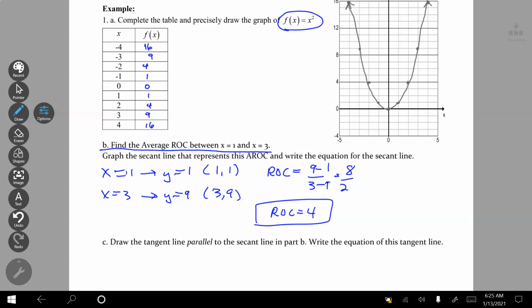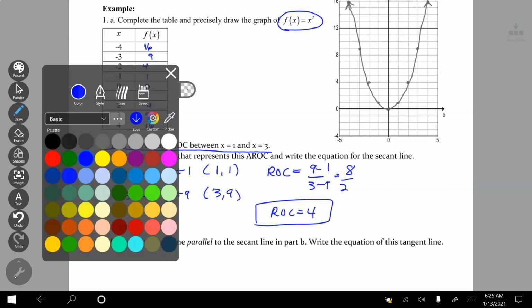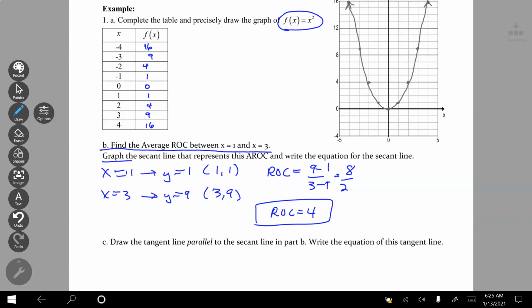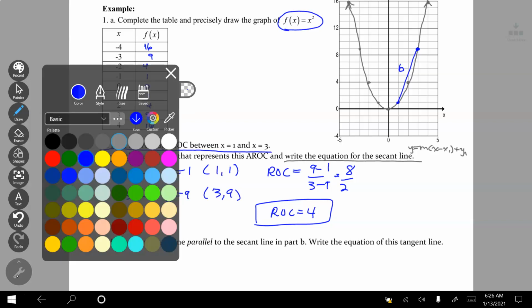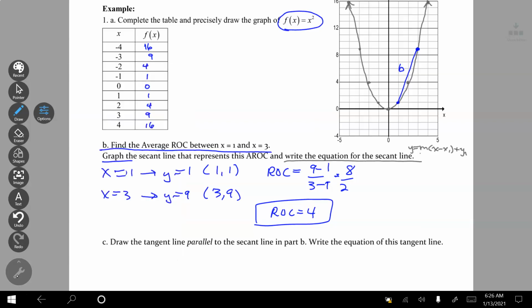But it also asked to draw this secant line, so I'm going to draw it. You can see that I took my 2 points, (1, 1) and (3, 9). I drew the secant line between those 2 points, and the slope of that blue line B is 4. Now I'm asked to write the equation of the secant line, and when I write it, I use the point-slope form.